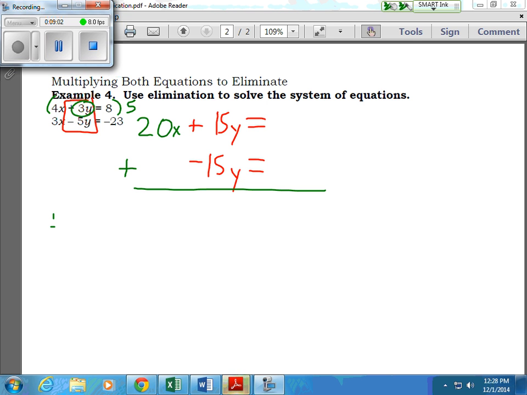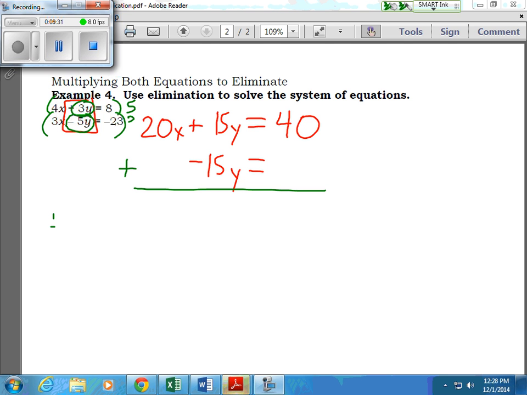Let's go ahead and put that in red again. 20x plus 15y equals 8 times 5, which is 40. Looking at the second equation, this -5y had to become a -15y, which means I had to multiply it by a +3.